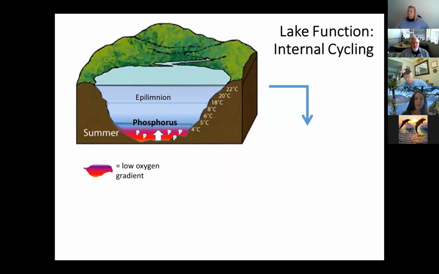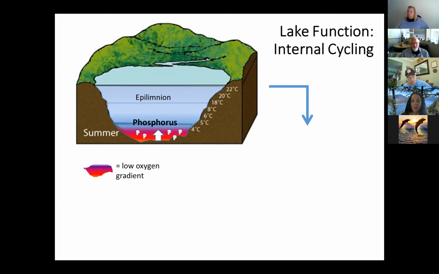All right, so I'm going to talk about internal cycling now, and this is where that sediment-bound phosphorus can really become a big player in the lake condition. So you've got nutrients coming in from the watershed, and they are delivered into the water body, into the lake, and we have the algae that's decomposing, and then in this particular cartoon, we've got the low oxygen situation at the bottom of the lake.